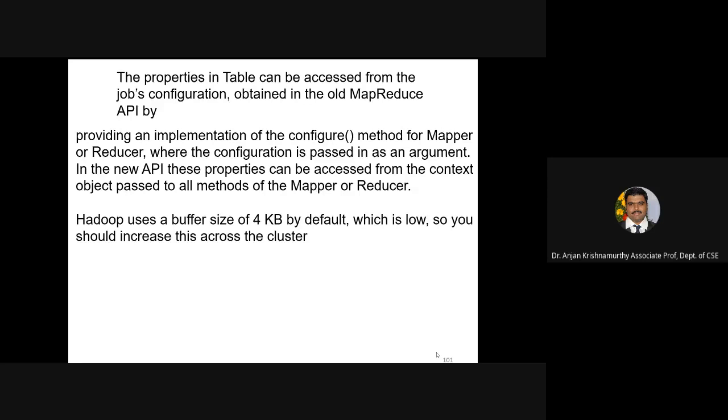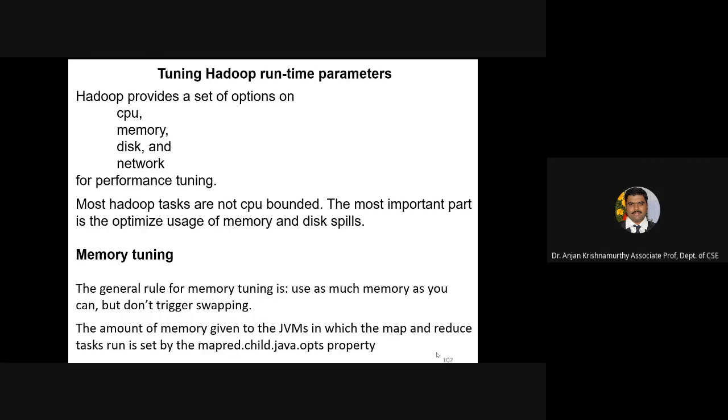If you try increasing it, it again depends on various aspects. The second thing here is the tuning of the runtime parameters. The runtime parameters used in the Hadoop setting are the CPU, memory, disk, and network, which are the 4 factors that your performance depends on.